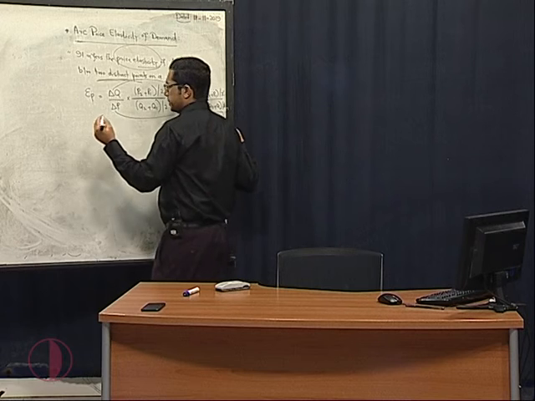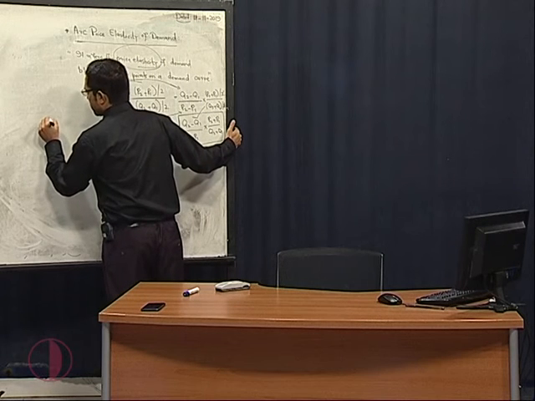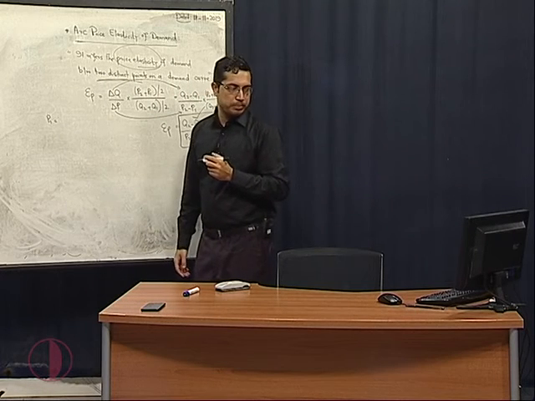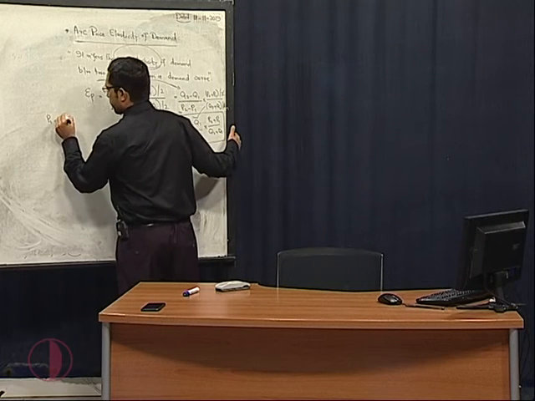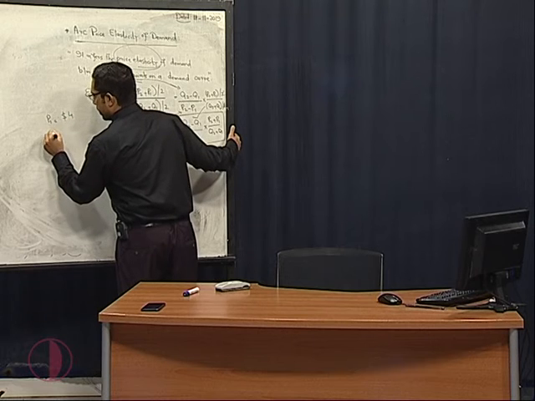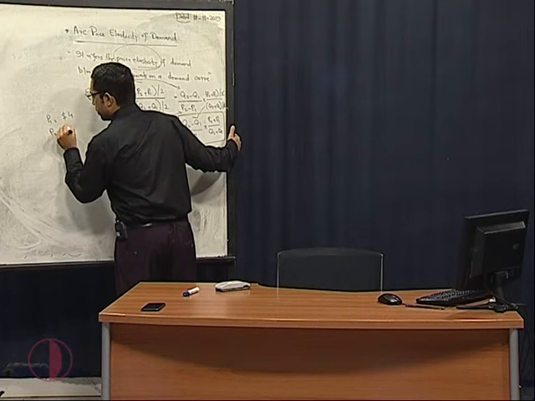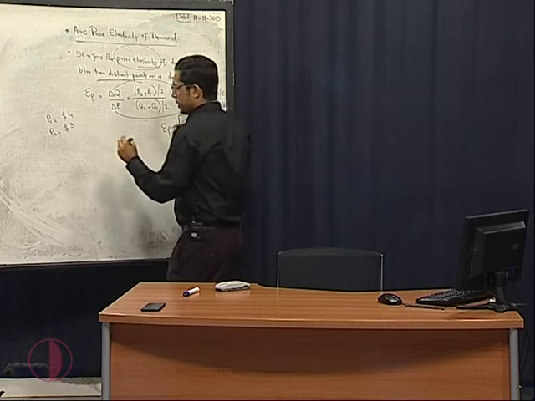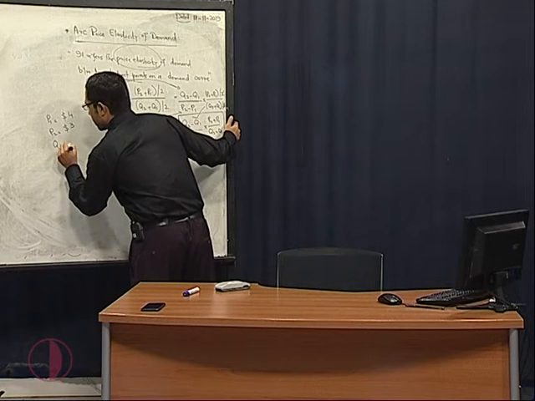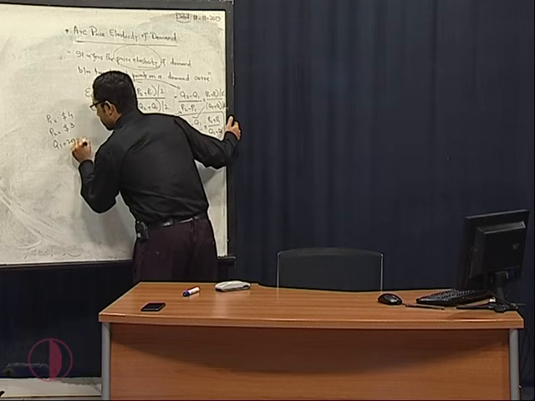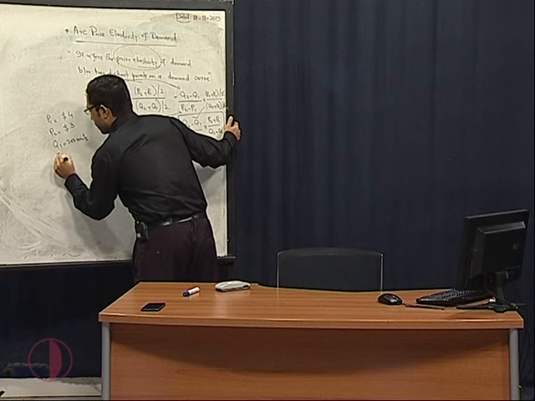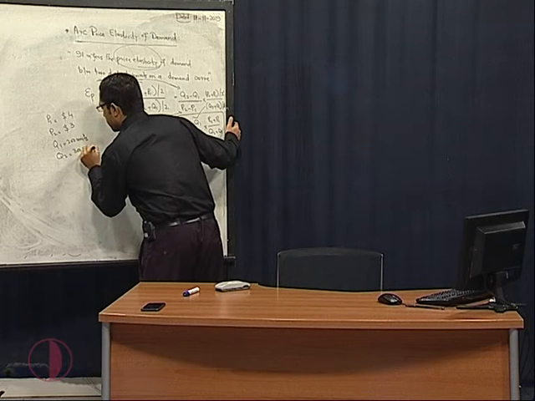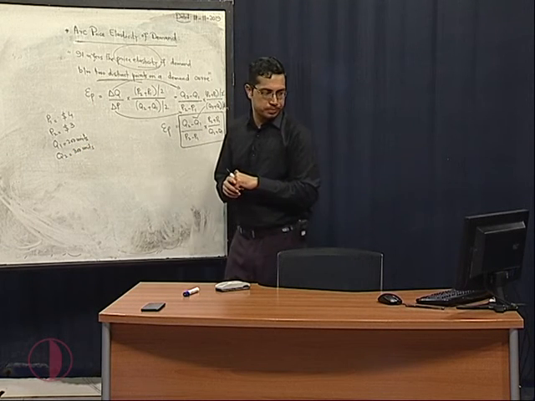Suppose I take values, for example P1 which is $4 and P2 which is $3, Q1 200 units, and Q2 is equal to 300 units.